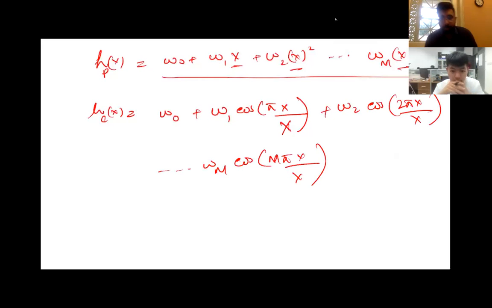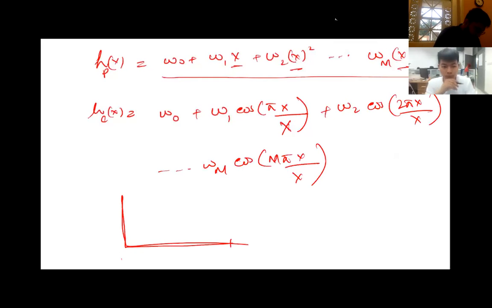Okay, so these are Fourier bases. Let me just tell you what these are. Let's say x is between 0 and x max, because I use x for something else, the maximum value of x that's possible.